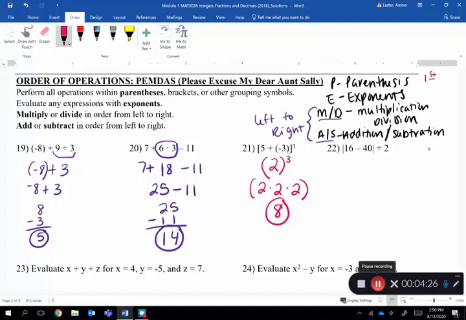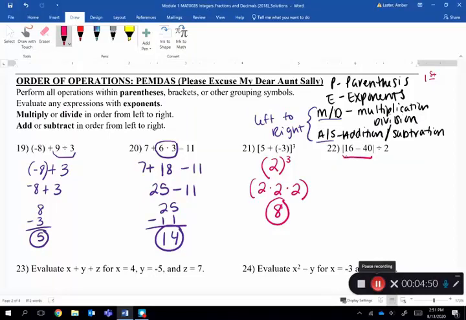Now, 16 minus 40 is inside of the absolute value, and absolute value is considered a parentheses because you see it says parentheses, brackets, or other grouping symbols. Absolute value is considered one of those other grouping symbols. So we want to start here with our 16 minus 40.